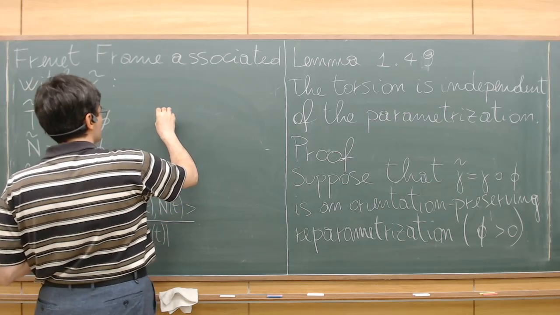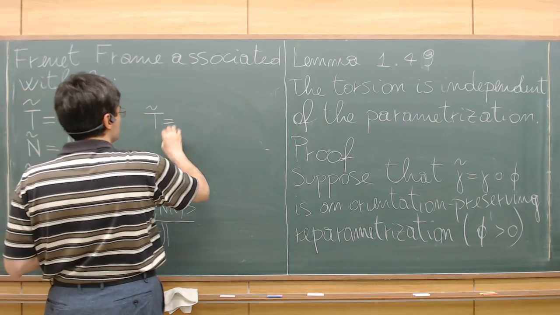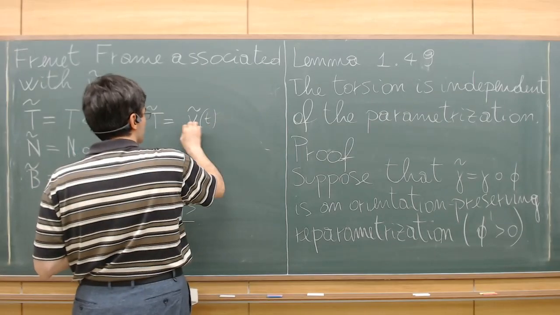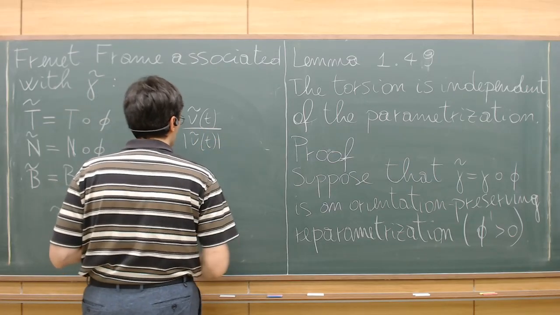According to the definition, T tilde is V tilde of t divided by the length of V tilde of t.